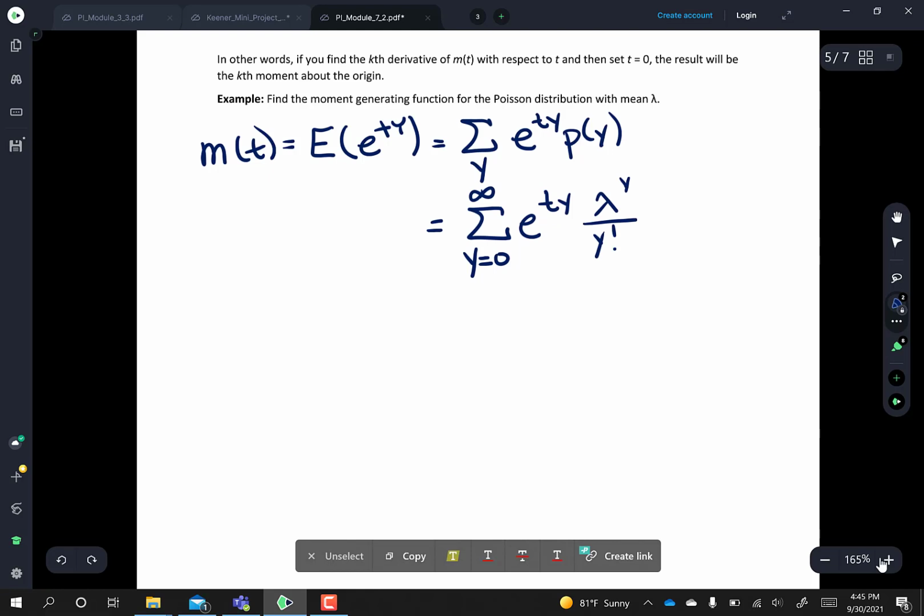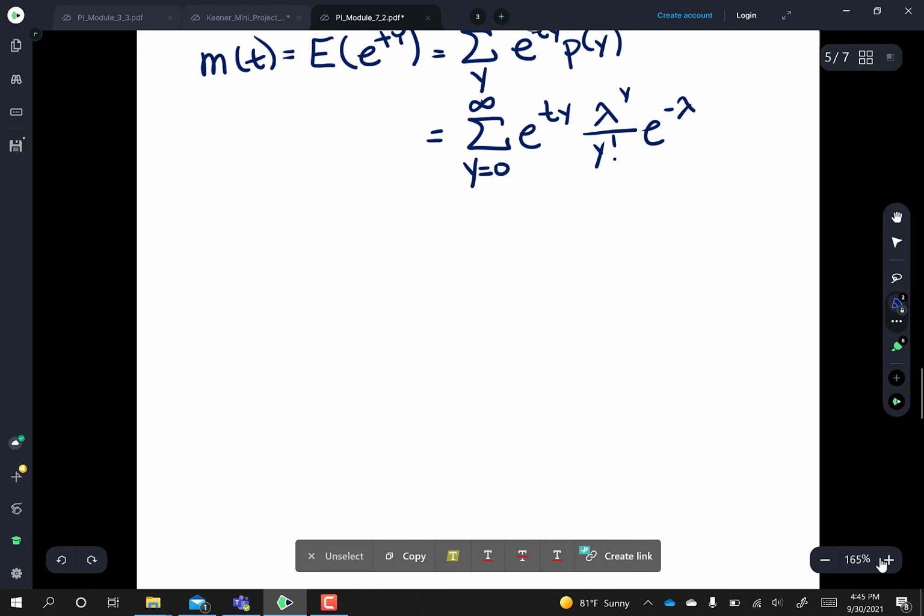Notice that this is equal to the sum, y equals 0 to infinity, of e to the t lambda to the y over y factorial, times e to the negative lambda.